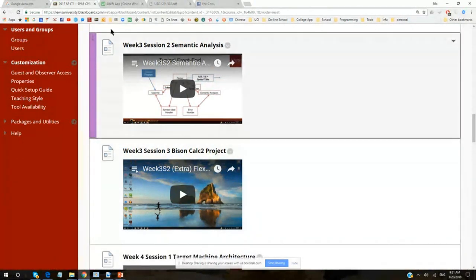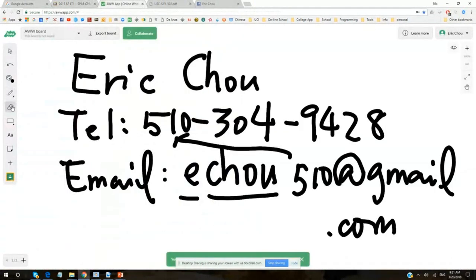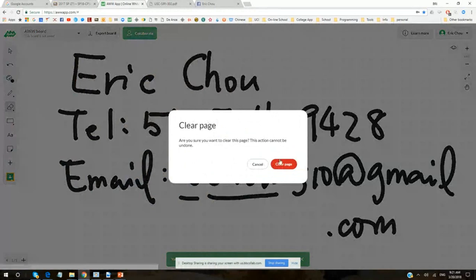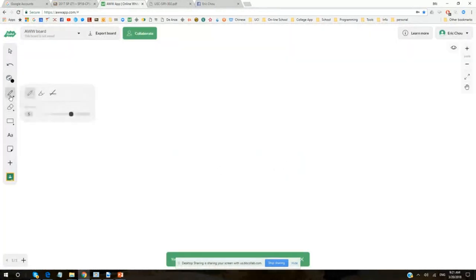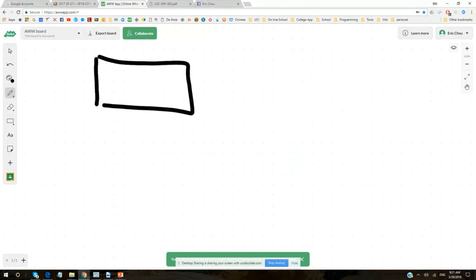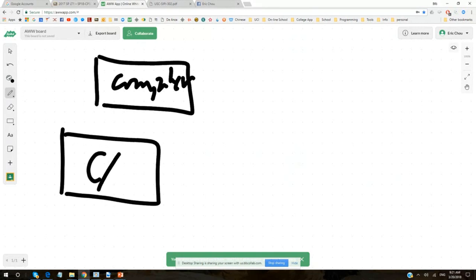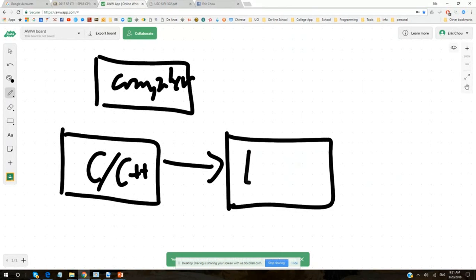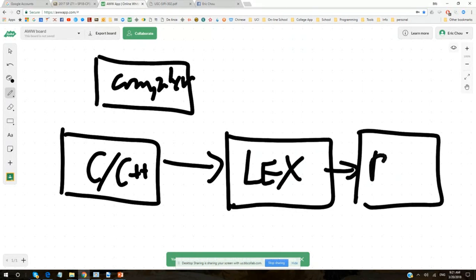Let me bring up my whiteboard. Because we are talking about programming languages, we will also talk about the design of a compiler. For a compiler, you take in your language, say C or C++, and you first work on the lexical analysis, and then you work on parsing.